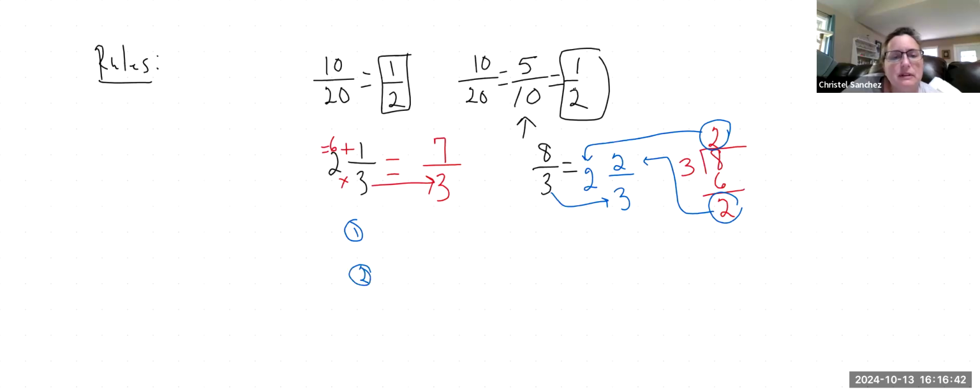So the first one, you're going to reduce. Okay, that's a 0. All right, the second one, you're going to convert from a mixed number to an improper fraction.